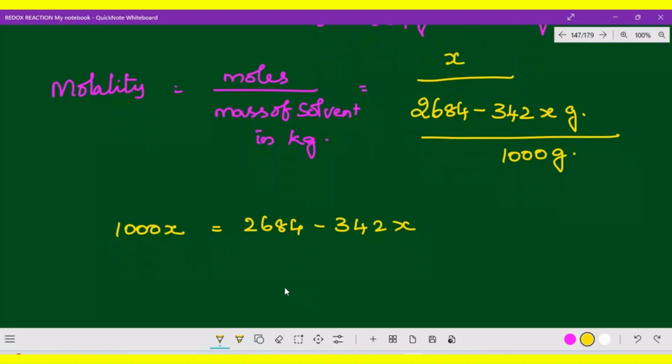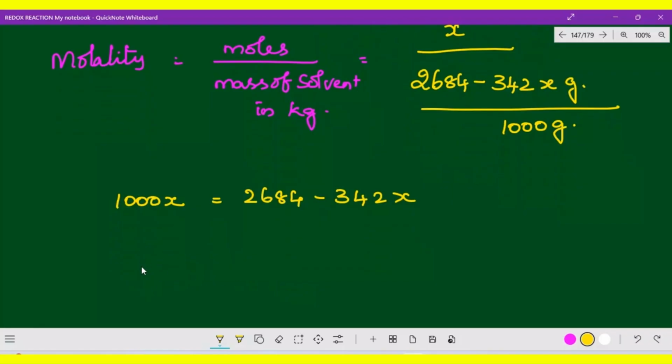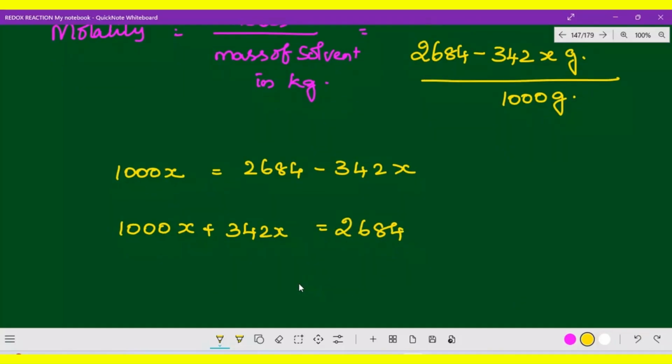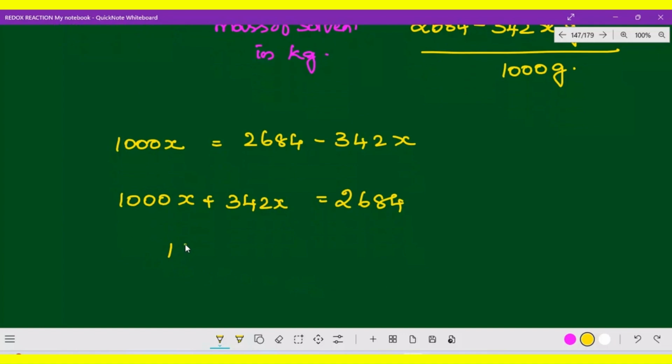Now how to go for it? Here 1000 x equal to 2684 minus 342 x. When we bring it to this side, it becomes plus, so 1000 x plus 342 x equal to 2684. So how much will you get? 1342 x equal to 2684.